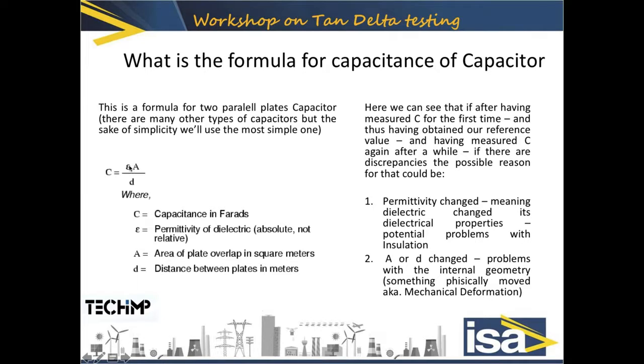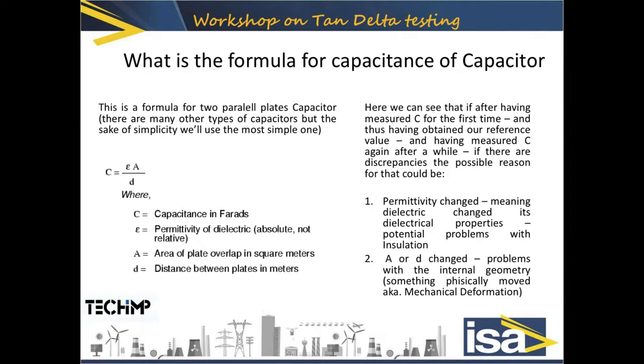Maybe only one has changed, maybe two have changed, maybe all three have changed, but in general we're going to say if epsilon has changed, then the characteristic of my insulator has changed, and if A and D have changed, then a geometrical movement happened inside, and this capacitor, this asset, now has an issue with certain physical geometrical movement inside.